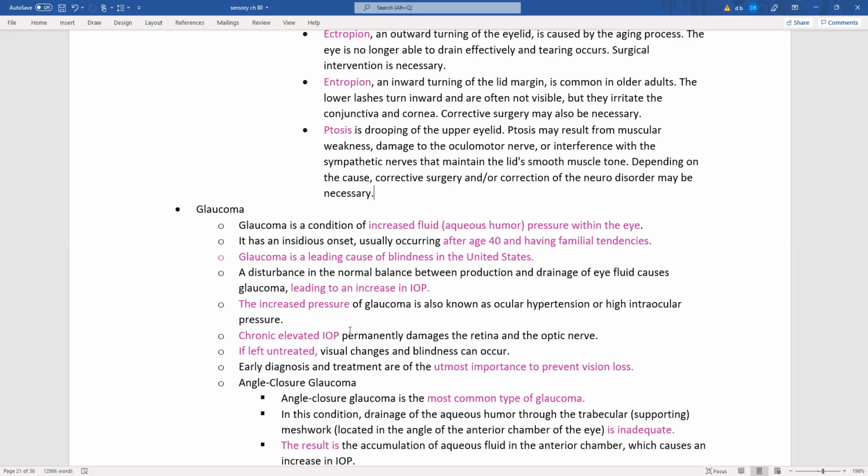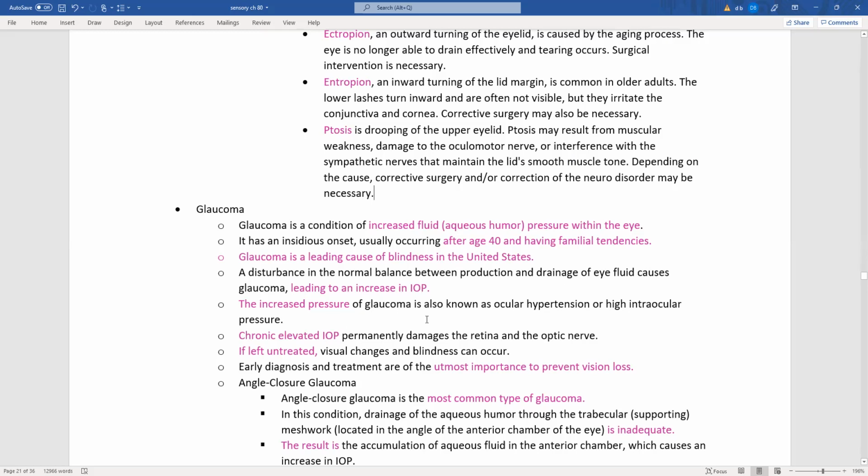Now, glaucoma is the leading cause of blindness in the United States. That is the leading cause. That's why I highlighted that whole sentence. A disturbance in the normal balance between production and drainage of eye fluids causes glaucoma, leading to an increase in intraocular pressure.